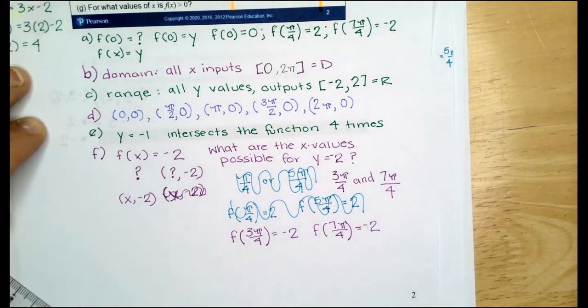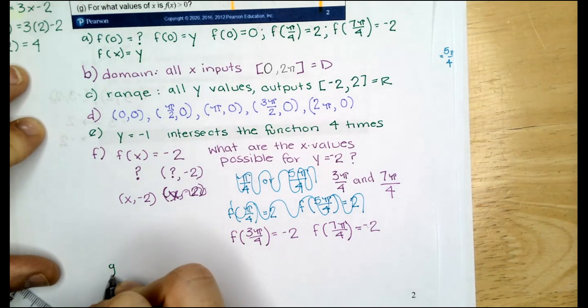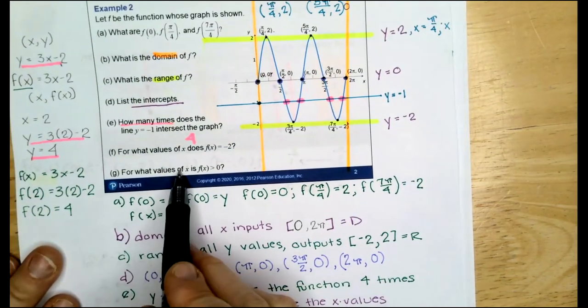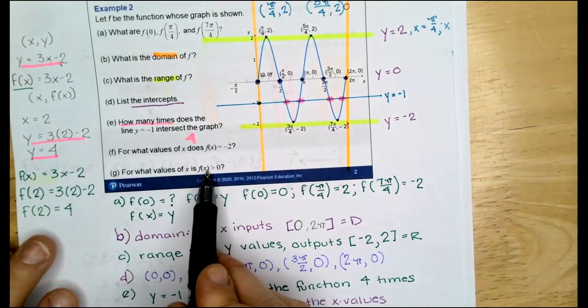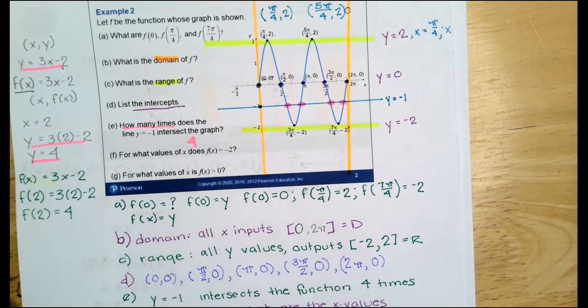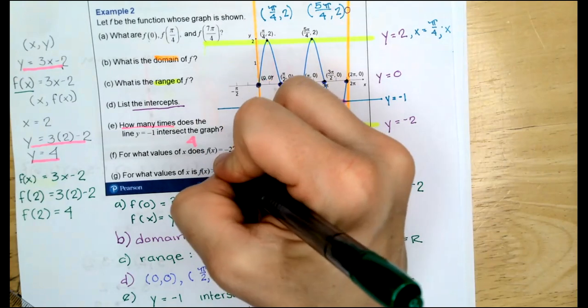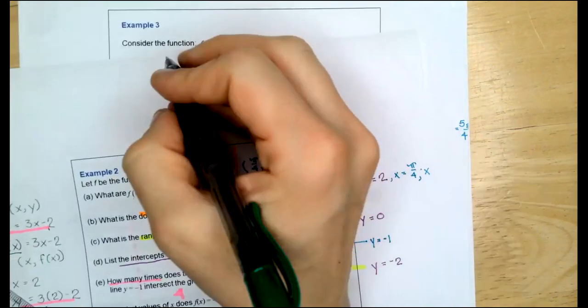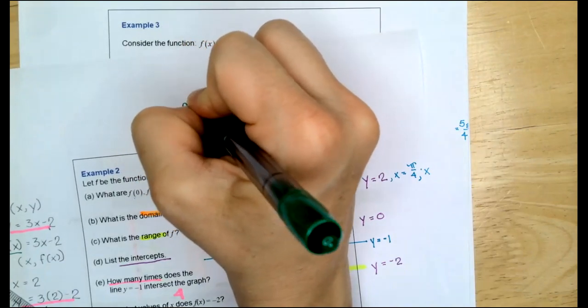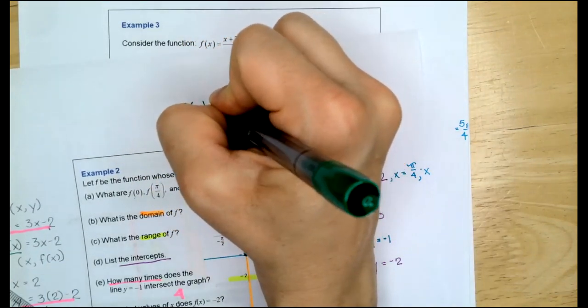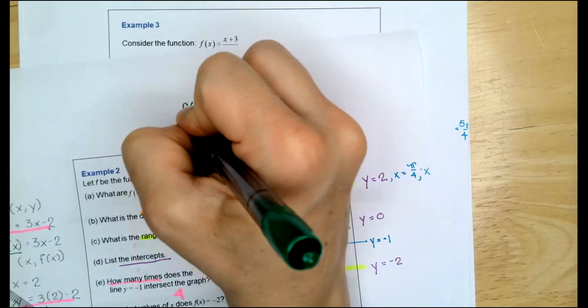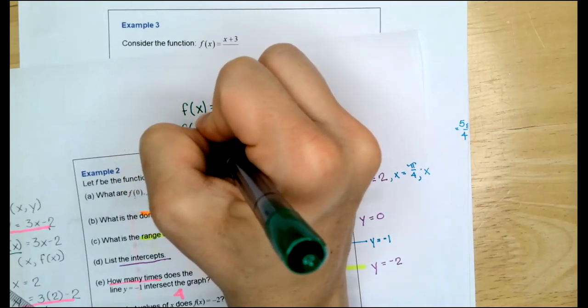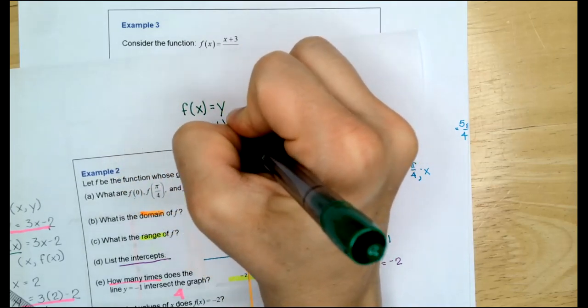And then G says, this is a hard one, for what values of x is f of x greater than 0? If this is 0, that means that's my output. F of input equals output.